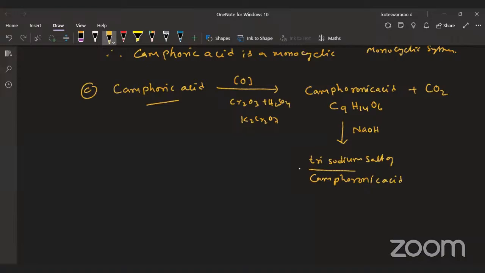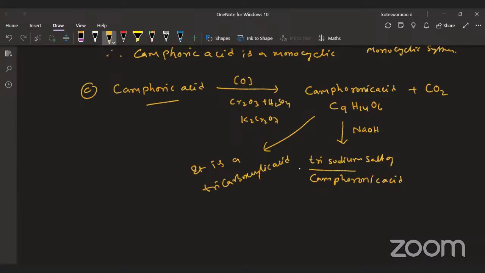Therefore, the trisodium salt indicates that this is a tricarboxylic acid, a trioic acid.